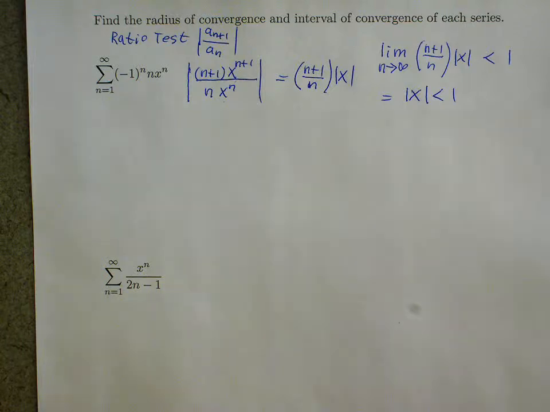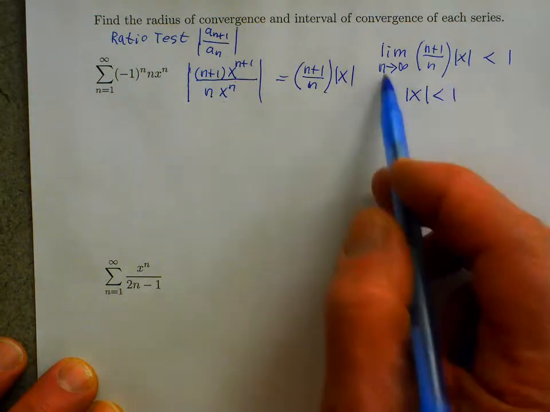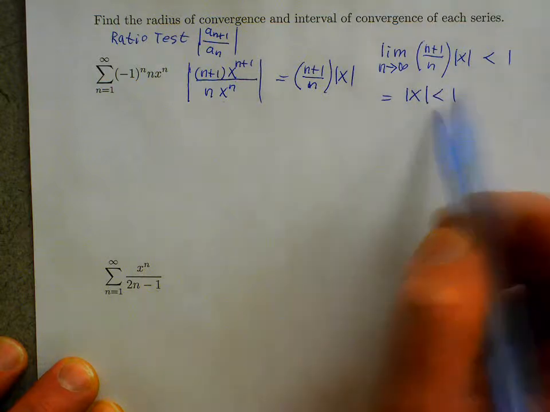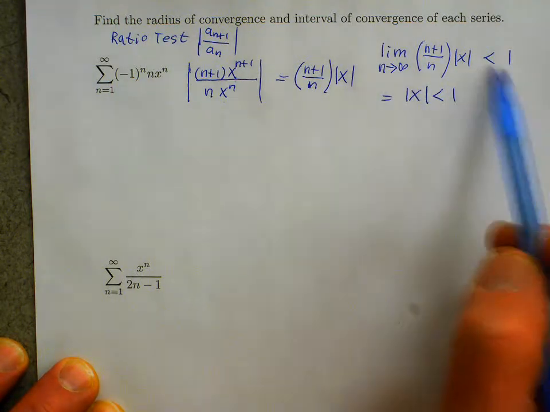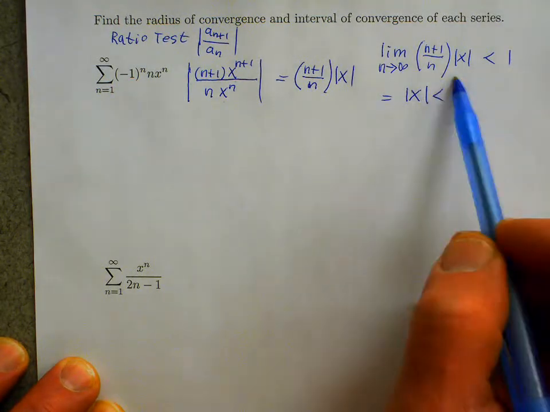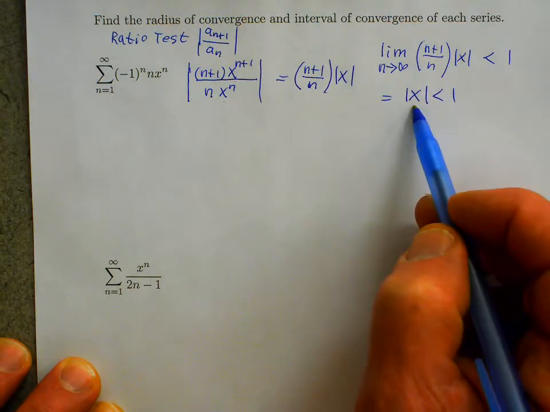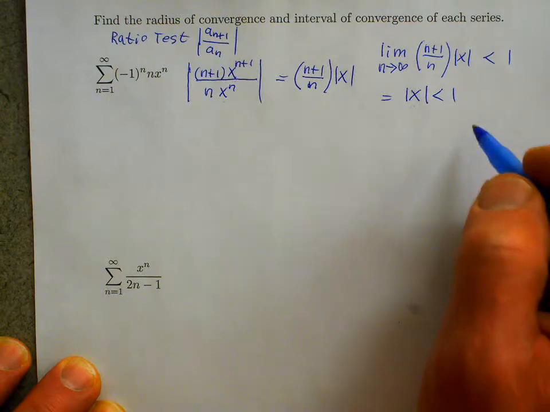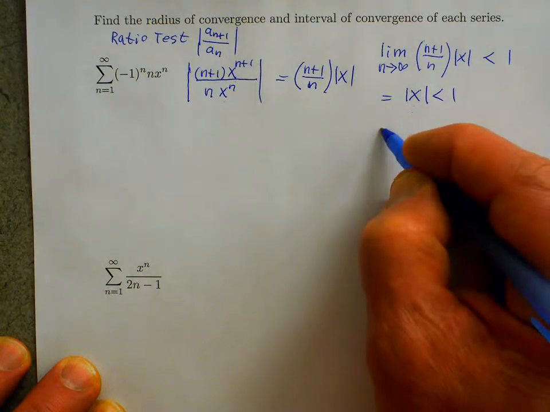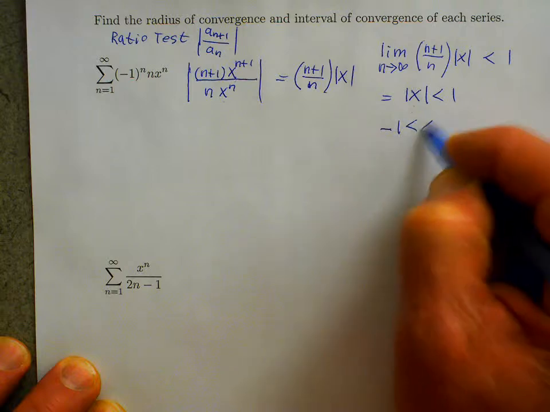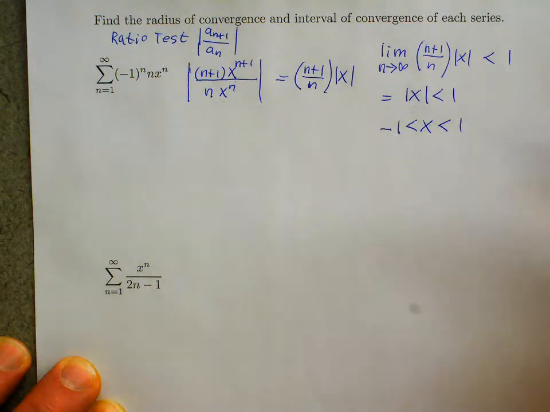The goal is to find all x for which this limit is less than 1. Okay, to solve this inequality, if the absolute value of x is less than 1, that means negative 1 is less than x, which is less than 1.